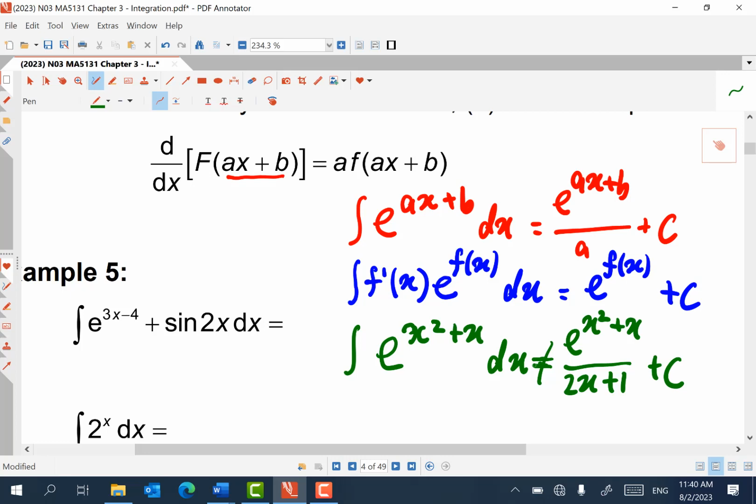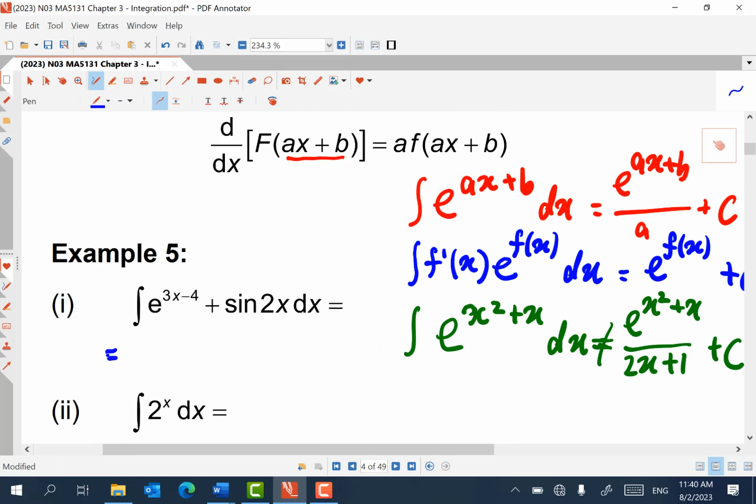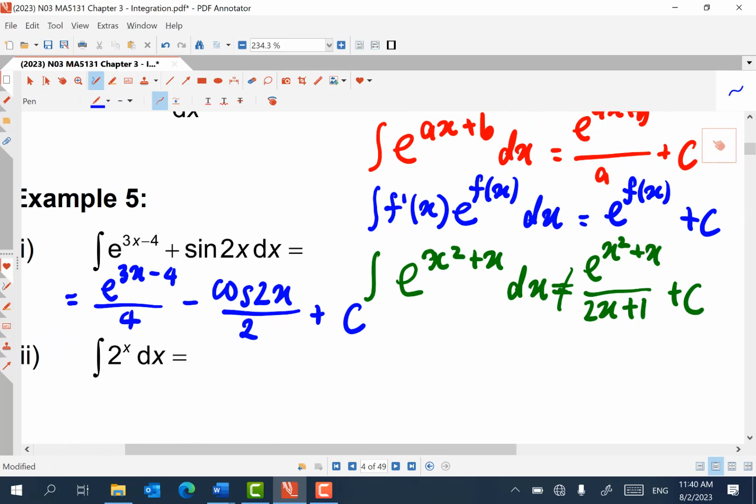Okay? When it's linear. So for this one, you will have e to the 3x, it won't work. Green color.